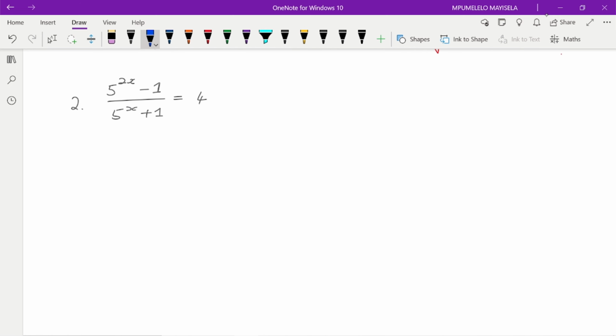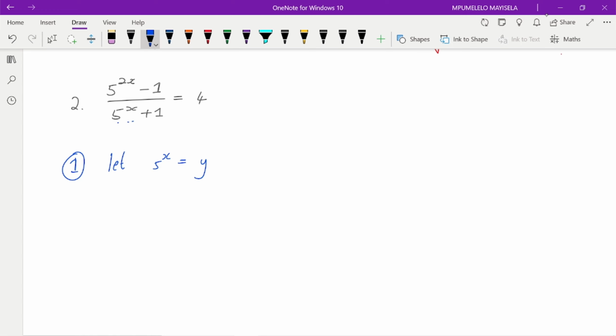Okay. So to solve this one, there are two approaches that we can take. The first approach would be to substitute or replace 5 to the power x as a certain variable. So let's let 5 to the power x be y.